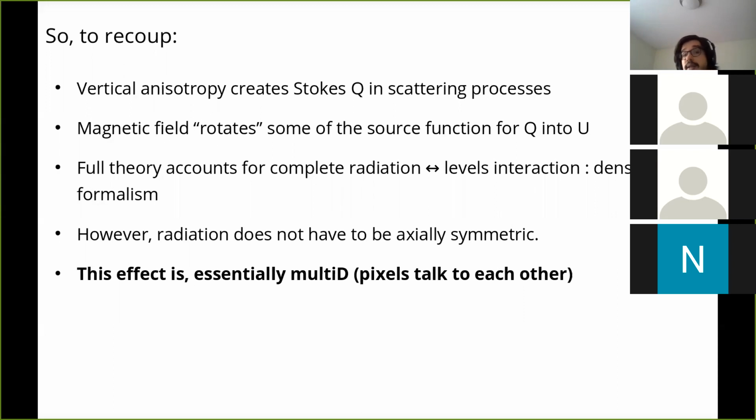And one thing that naturally stems from here, and that I already mentioned last time, and I told you that if you like it, you should also talk to Niraj more because he's working on that, is that the radiation doesn't have to be axially symmetric. So one assumption here was that the incoming intensity was axially symmetric, so it created no Stokes Q, but it doesn't have to be.